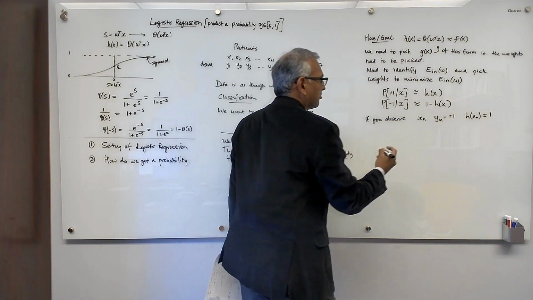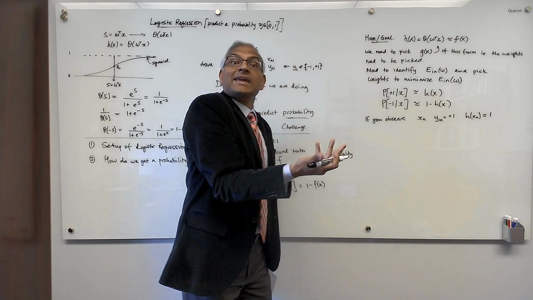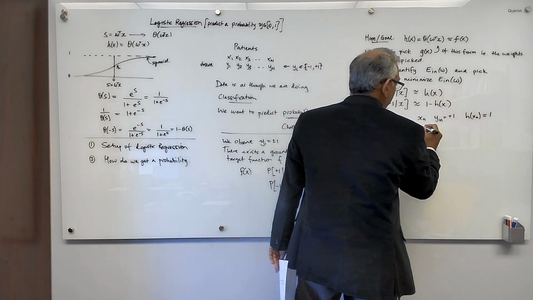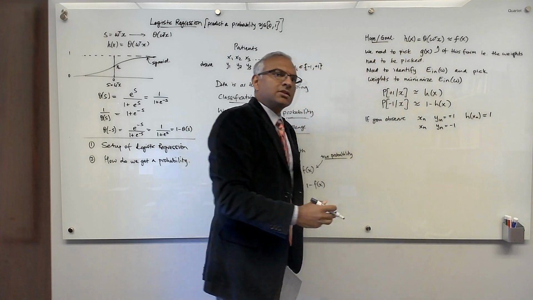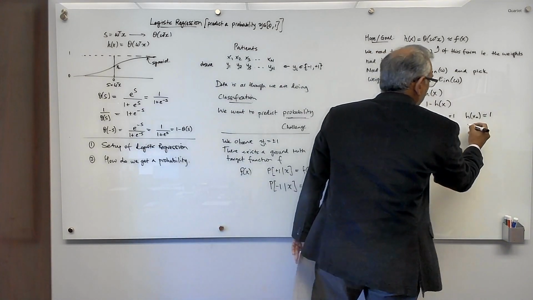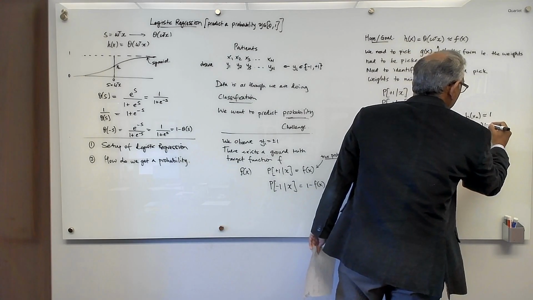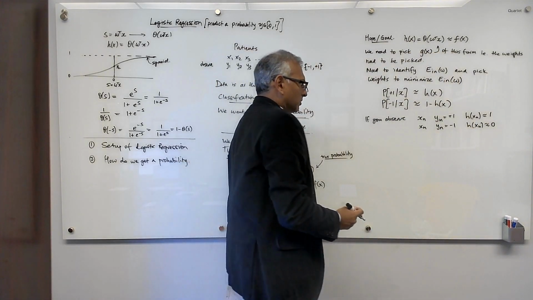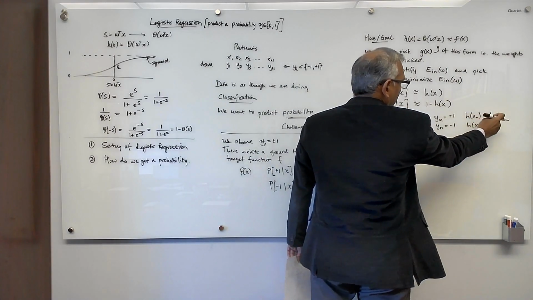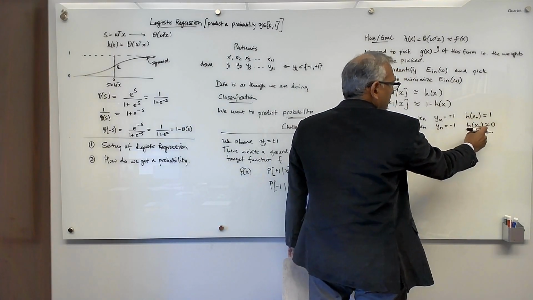Remember, we only get to observe yn, which is plus or minus 1. If you observe a data point xn with yn equal to -1, that's going to be the likely outcome if h of xn is approximately equal to 0. So, when yn is +1, h should be 1. When yn is -1, h should be 0.